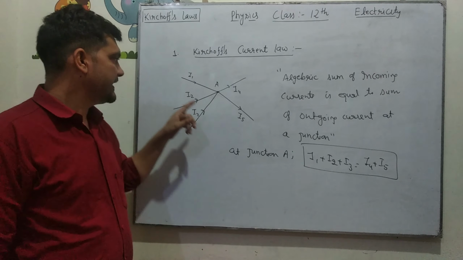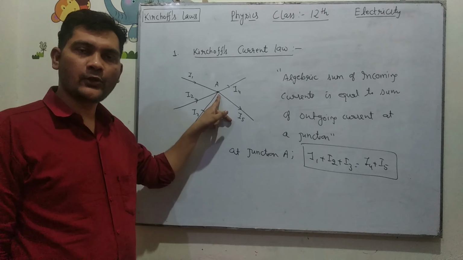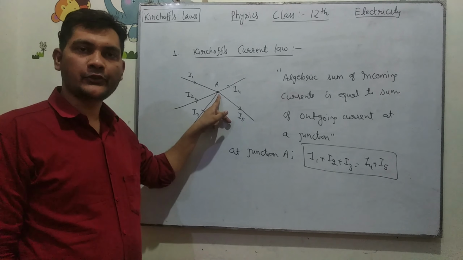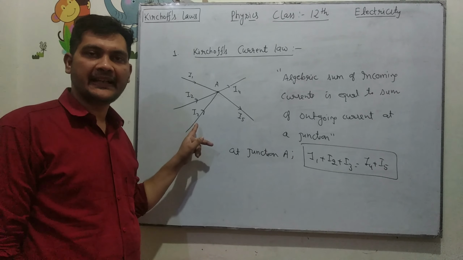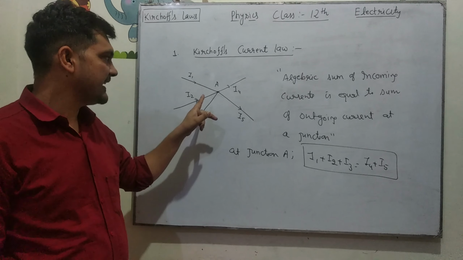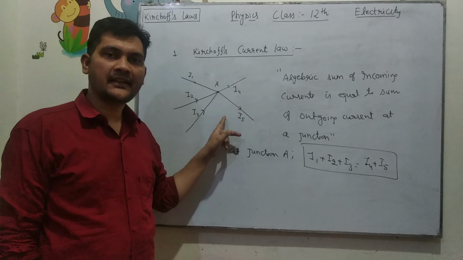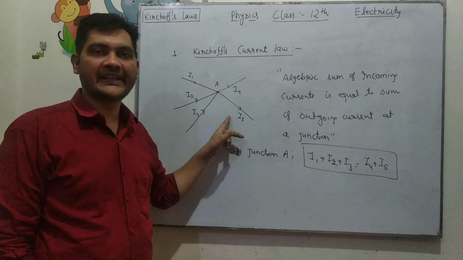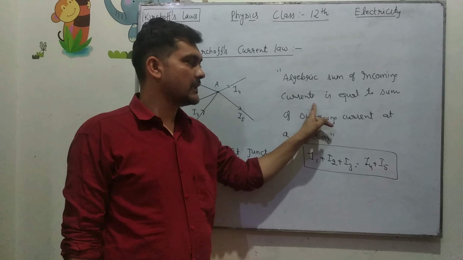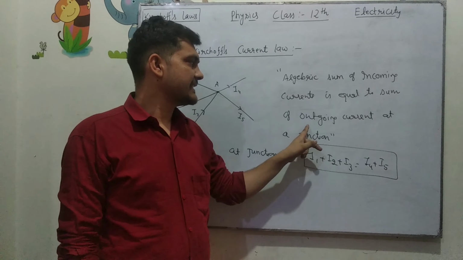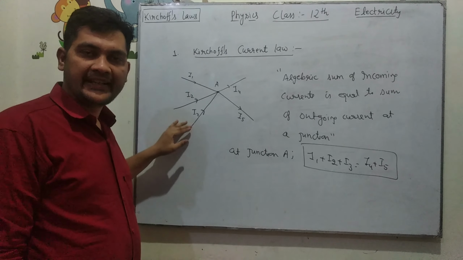For example, we have these five wires joined at junction A. Suppose three of the five wires are taking the current towards the junction, and the incoming currents are I1, I2 and I3, whereas the remaining two wires are taking the current outwards from the junction, and the outgoing currents are I4 and I5. Then, according to Kirchhoff's current law, the algebraic sum of incoming currents is equal to the algebraic sum of outgoing currents. Incoming currents are I1, I2 and I3.